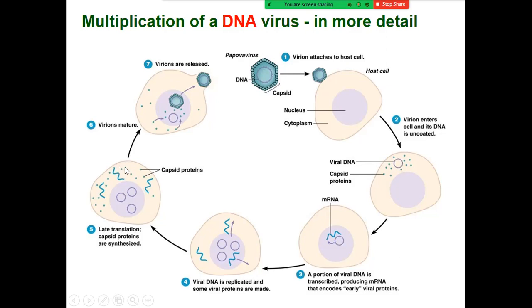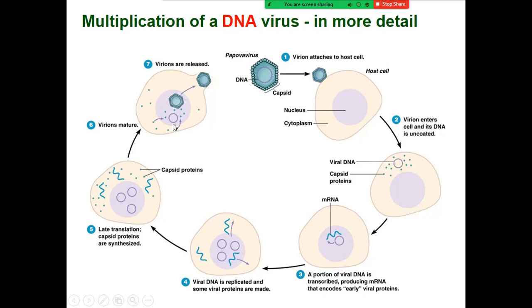And then the capsid proteins will get together with the newly replicated viral DNA, which, where do they have that shown here? Right here, I guess. Viral DNA is replicated right there. Oh, there it is. One DNA is made into 3 molecules of viral DNA.